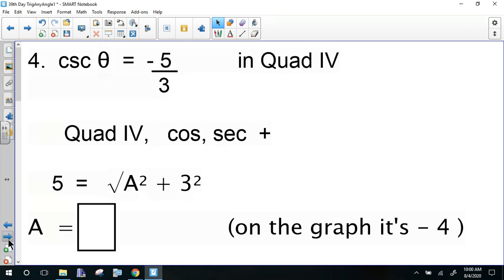Next example, we have cosecant equals negative 5 over 3, and they tell us it's in quadrant 4. In quadrant 4, cosine and secant are positive. All the other ones are going to be negative.